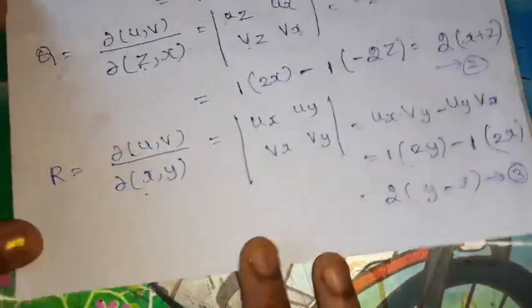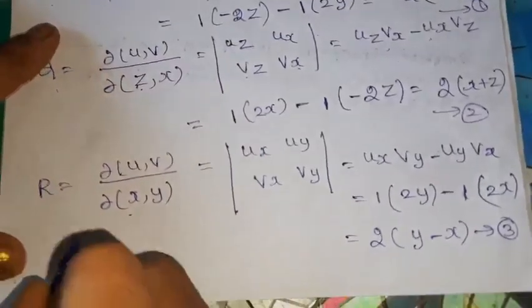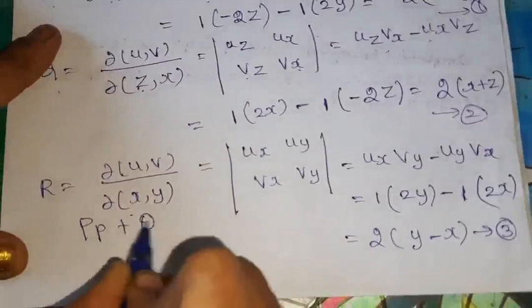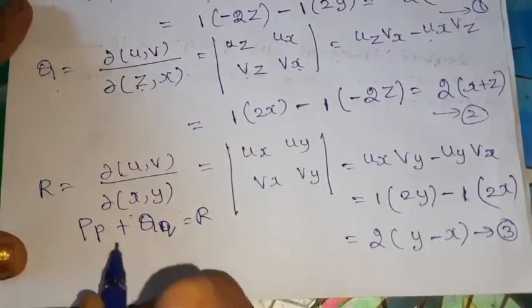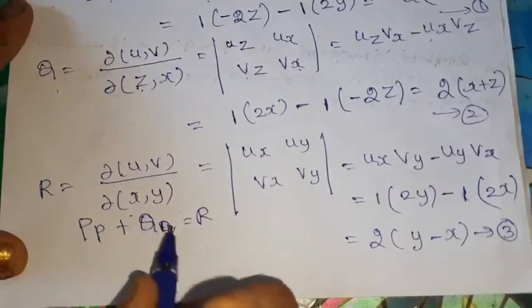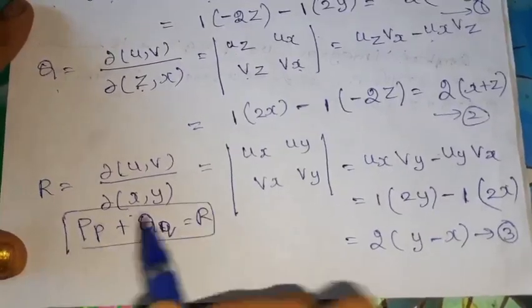What is the required PDE? From this, what is the required PDE? Pp plus Qq equal to R. Capital P into small p plus capital Q into small q equal to R. This is the required equation.